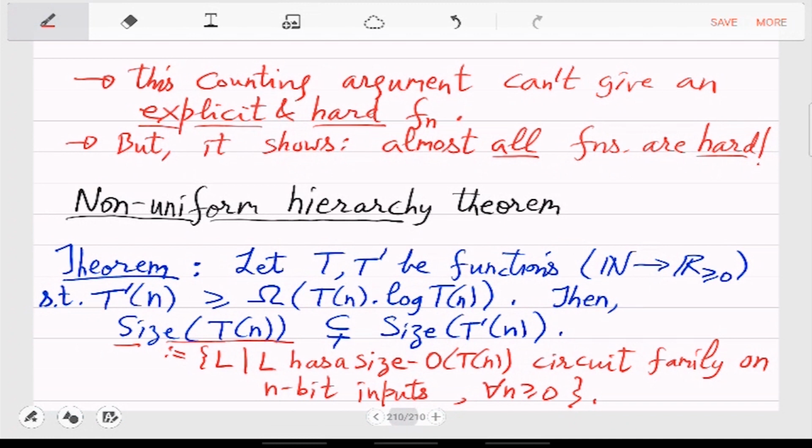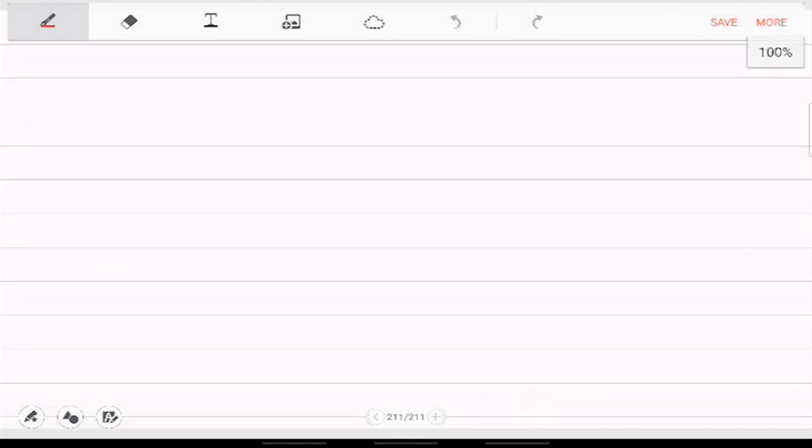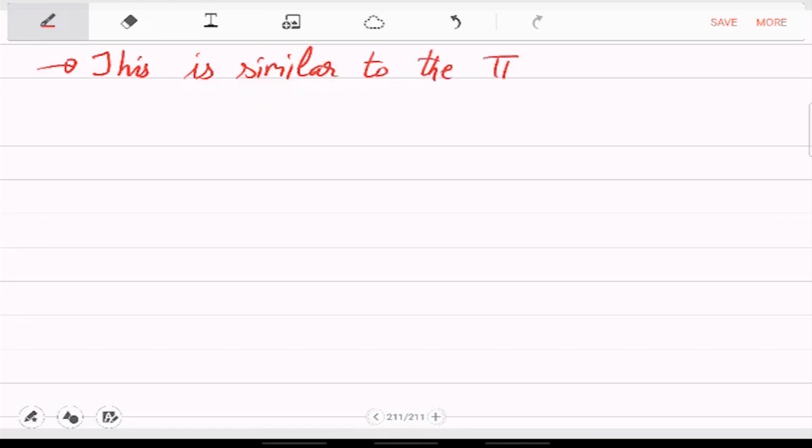So size T prime contains more problems than size T if T prime is slightly bigger than T. This is similar to the Turing machine time hierarchy, but has a much simpler proof.